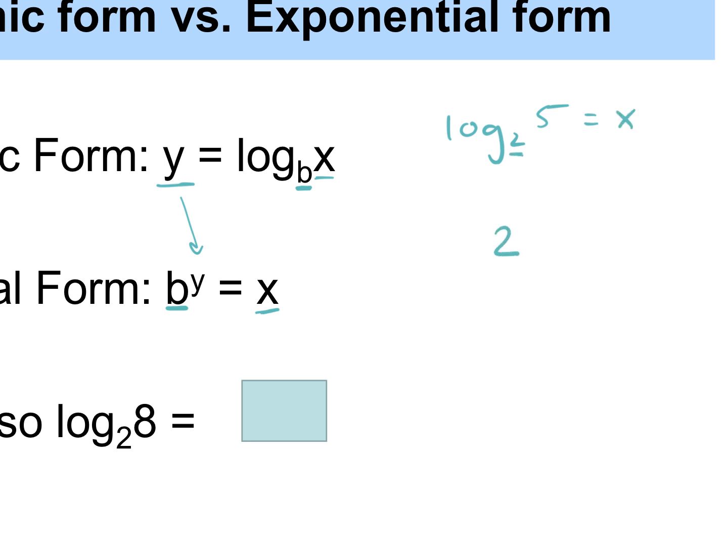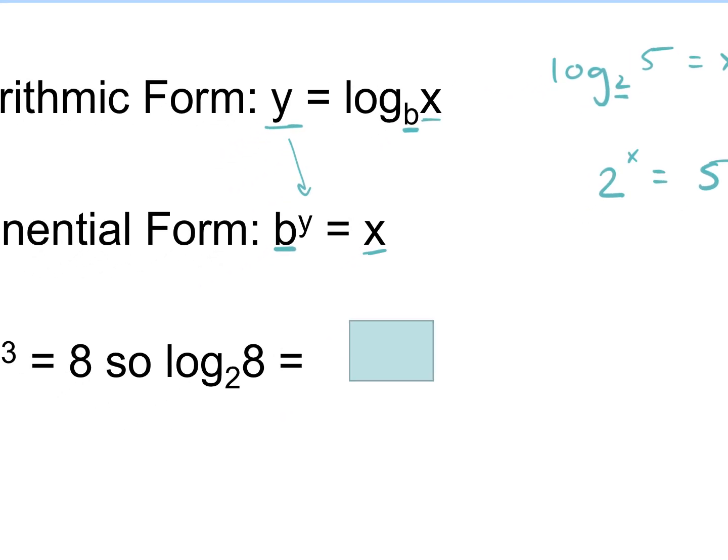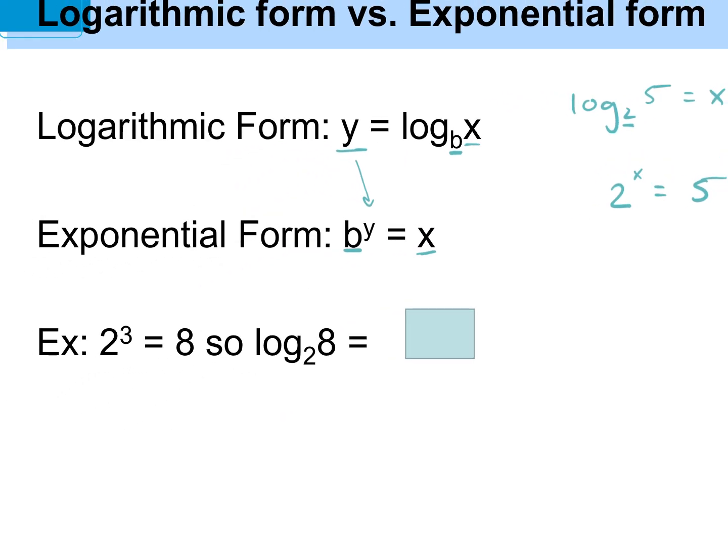So I start with 2 to the power of x is equal to 5. So here I have 2 to the power of 3 is equal to 8. So log base 2 of 8 is equal to 3.